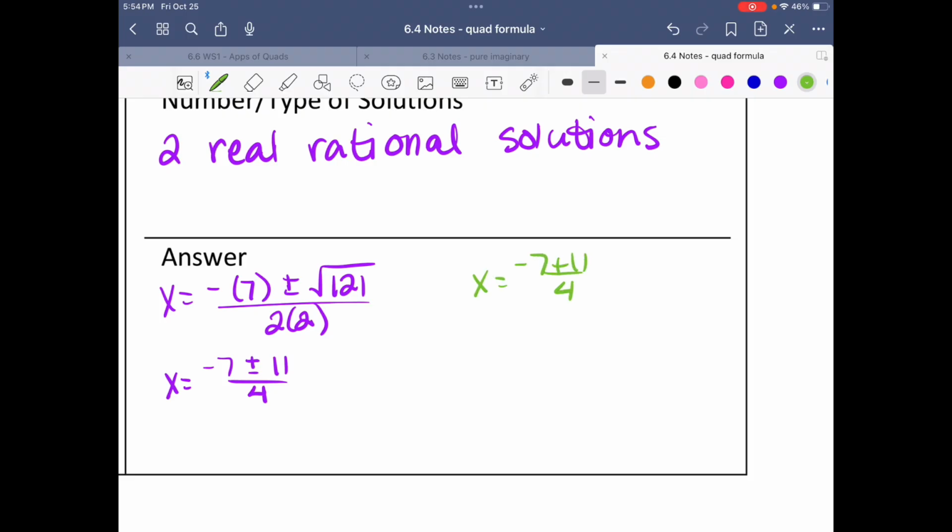When you add, when you subtract. So negative 7 plus 11 is 4, divided by 4 is 1. Negative 7 minus 11 is negative 18, divided by 4 would be negative 9 halves.